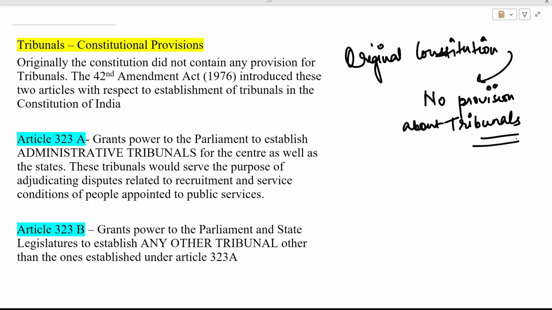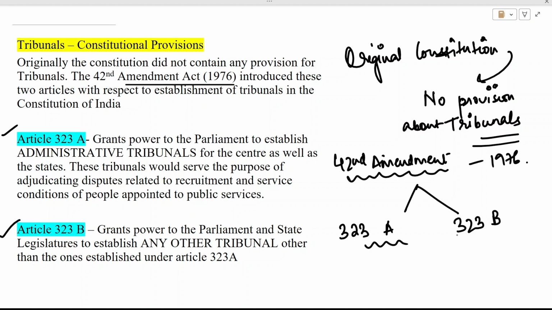Later, when the need was felt that we need a set of different bodies who can also handle matters, the 42nd Amendment Act of 1976 was introduced, and two articles, Article 323A and 323B, were introduced in the Constitution. Basically, 323A tells you that, okay, Parliament has the power to establish administrative tribunals for the center and the states.